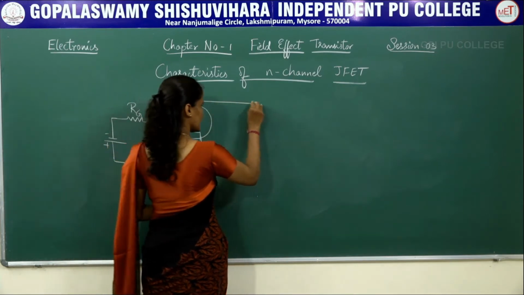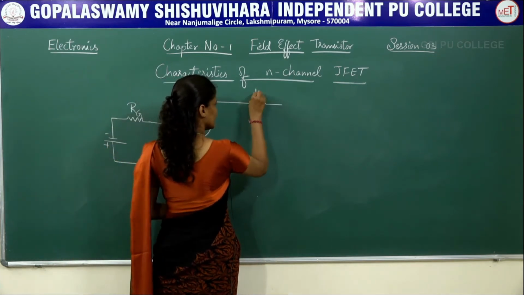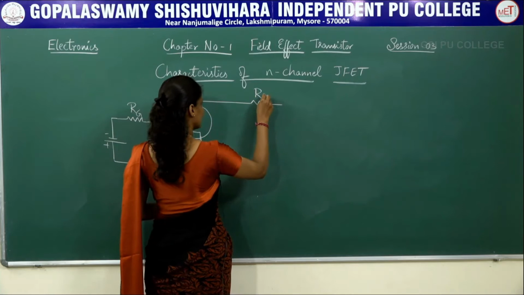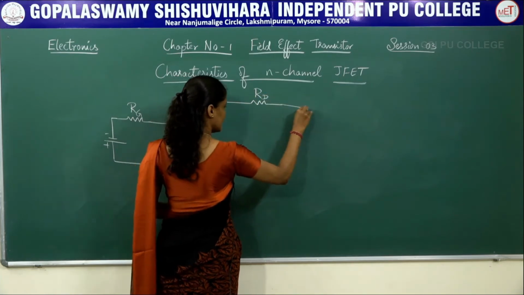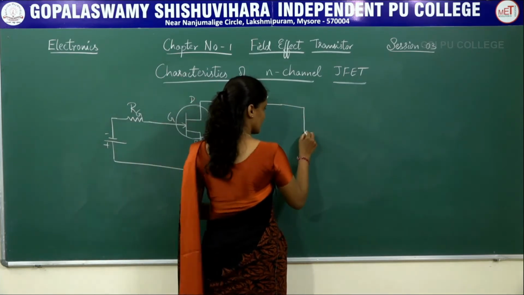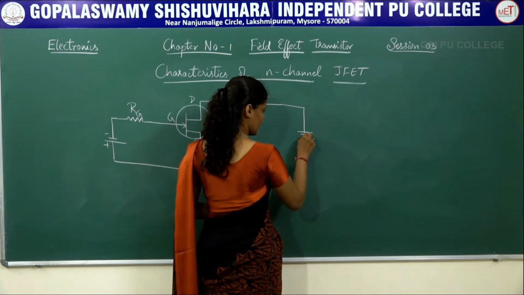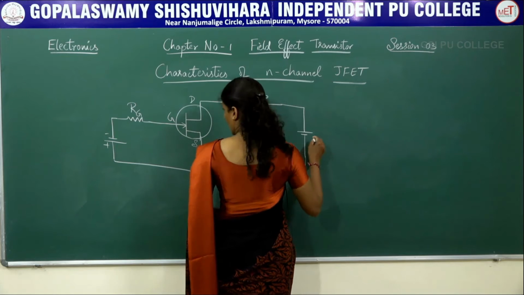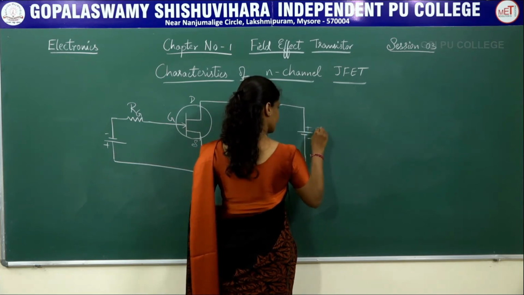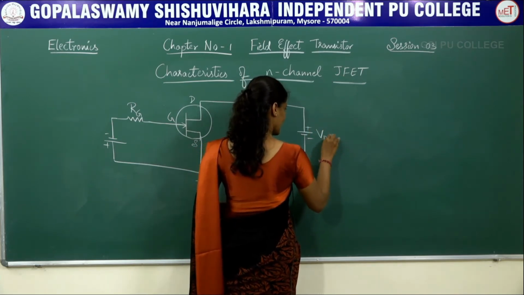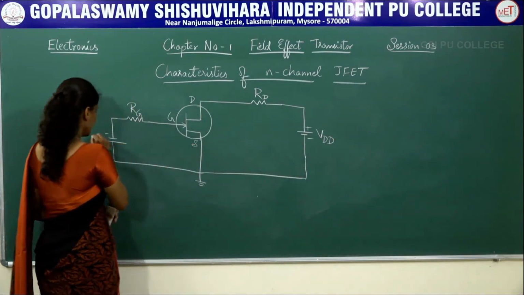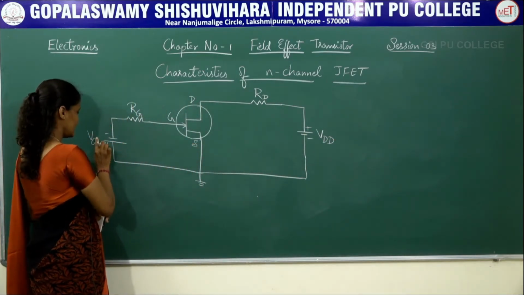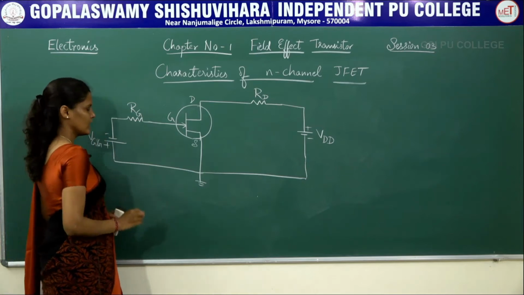Here the drain will be connected through a resistor RD. Here we will be having a source which is connected in this manner, which will be called VDD, and this will be called VGG.